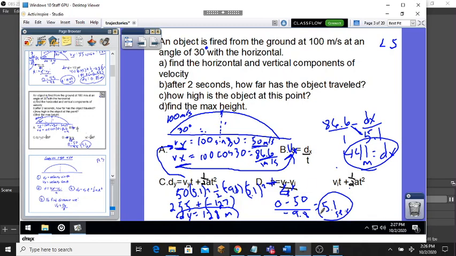We know it's going to take 5 seconds for it to reach the high point. How high up did it go? This high, 128 meters. That's dy. dy equals 128. How far did it go from here to there, to the midway point? And that's this one, 441. So dx equals 441.